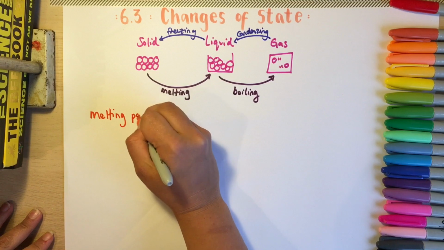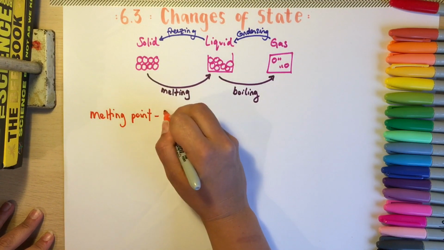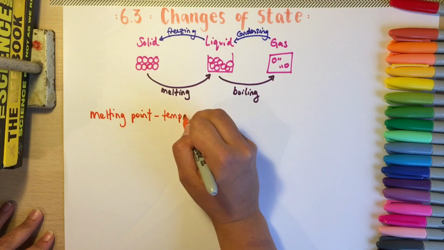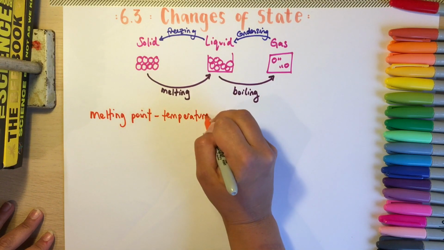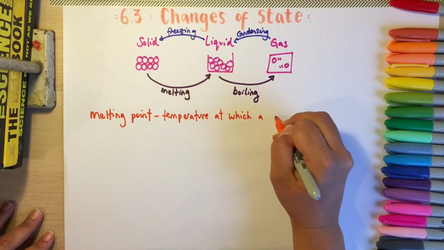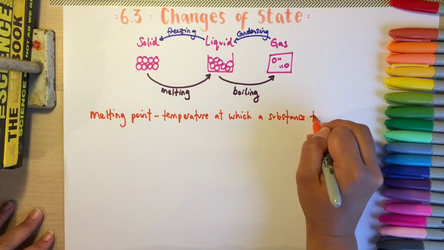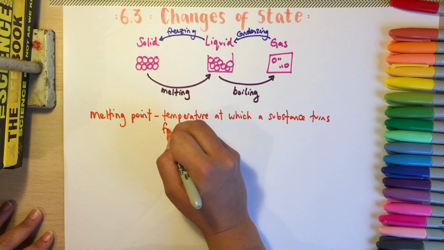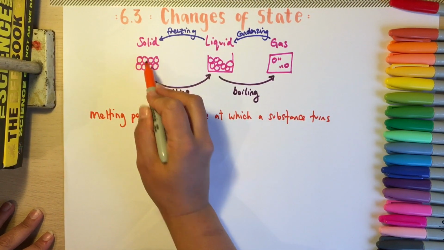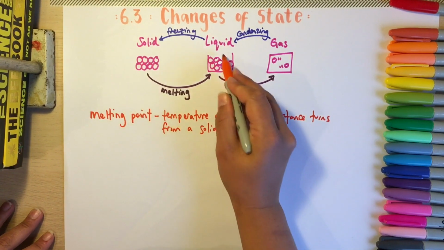So this is another key term that you need to know, the melting point. And this is the temperature at which a substance turns from a solid to a liquid.